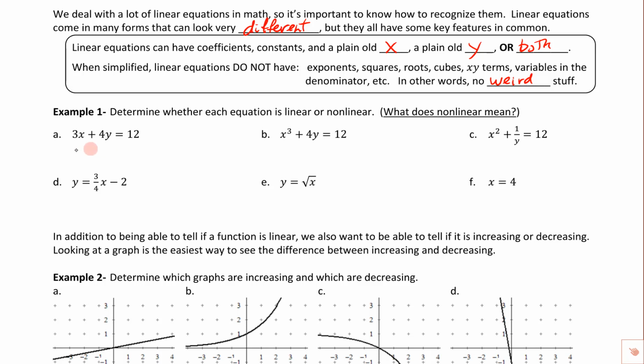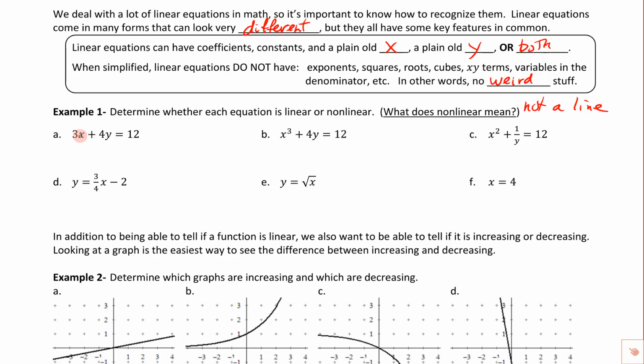So let's take a look at this one right here. It says determine whether each equation is linear or nonlinear. And remember, nonlinear means not a line. So if we take a look at this one right here, what we're looking for is, do we have a plain old x? There's nothing weird with it. There are no square roots of x, no x squared or anything weird like that. And it's totally okay to have a coefficient there.